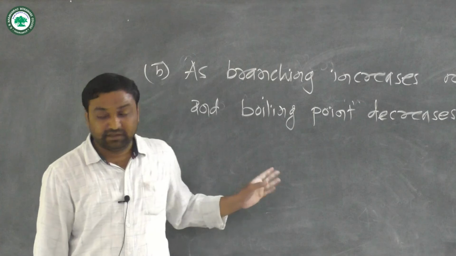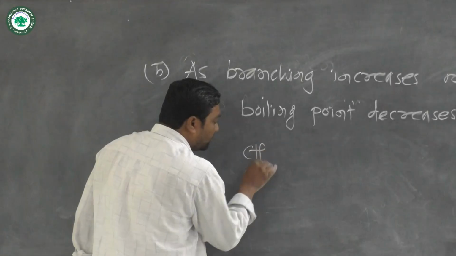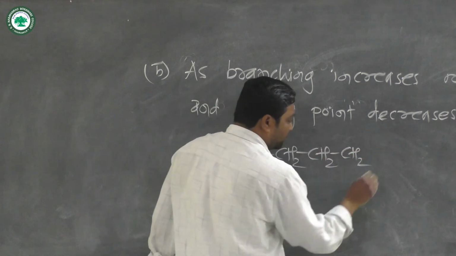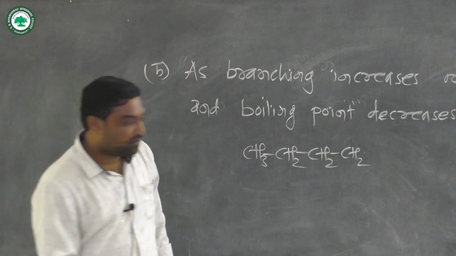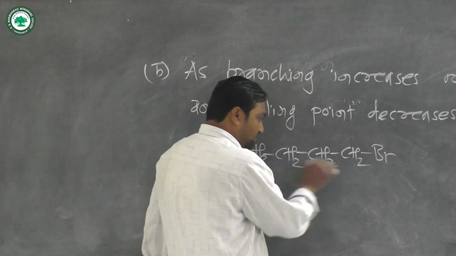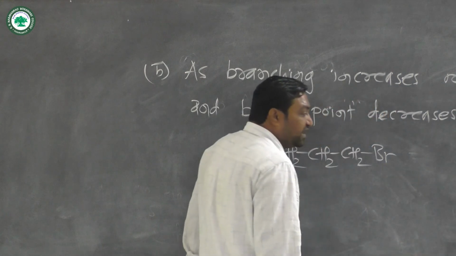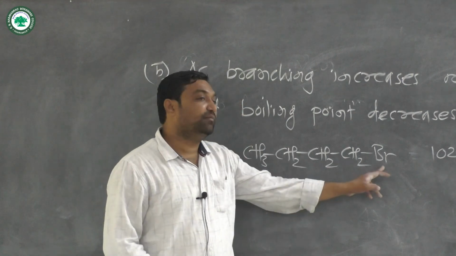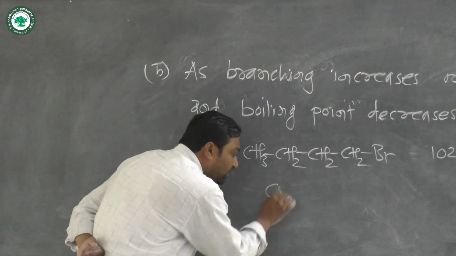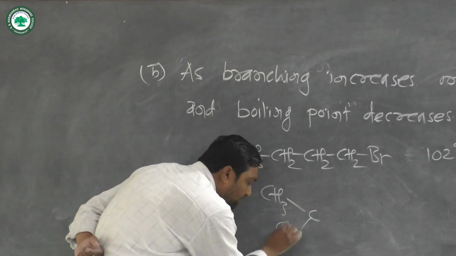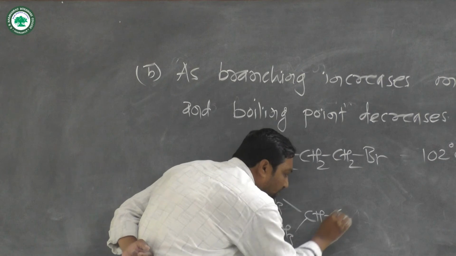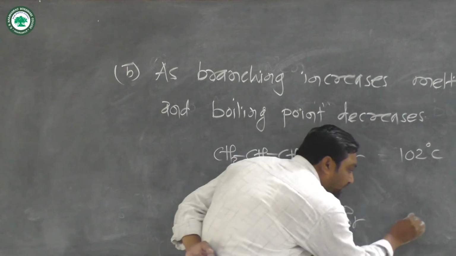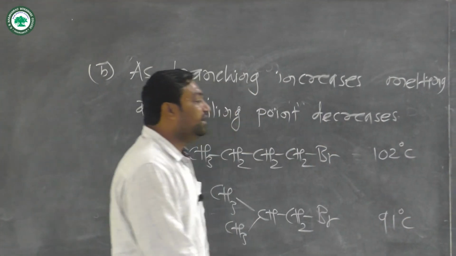The example of this is as follows. It has a boiling point equal to 102 degrees Celsius. It is the straight chain compound, whereas if we see this isobutyl bromide, its boiling point is equal to 91 degrees Celsius.